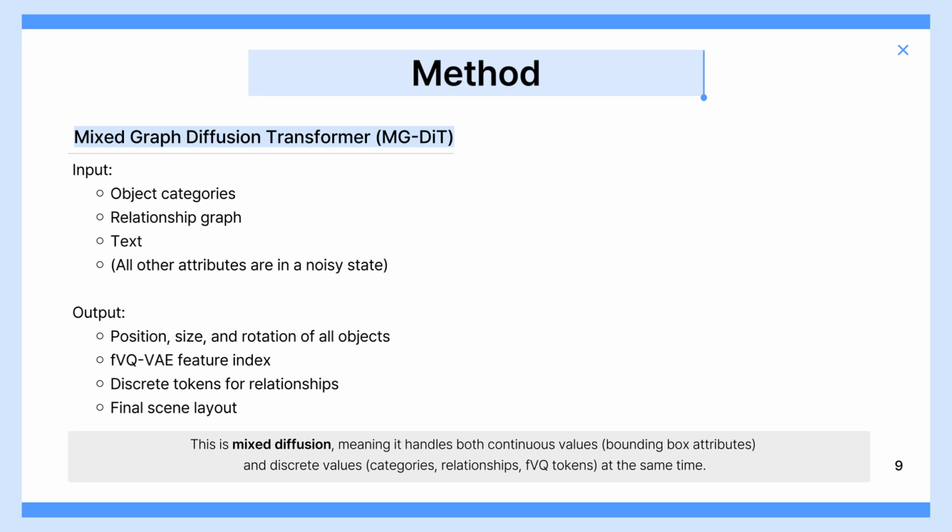The outputs include the positions, sizes, and rotations of all objects, the feature index of the furniture, discrete tokens for relationships, and finally the complete scene layout.